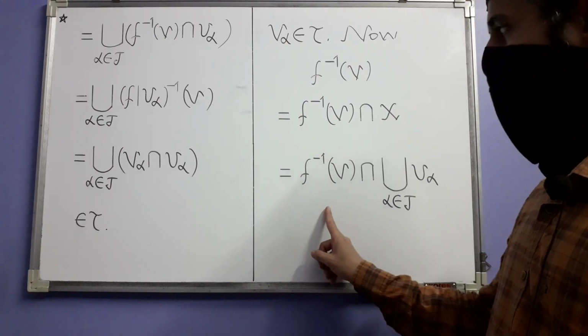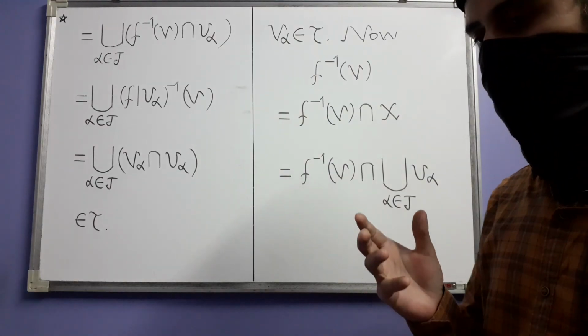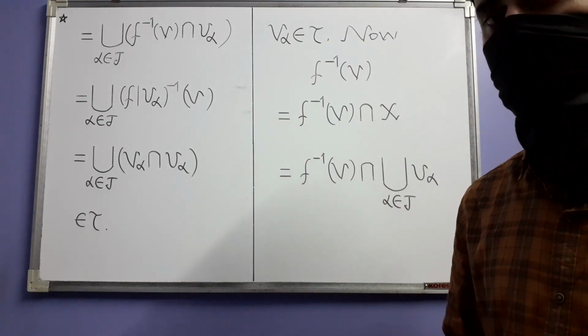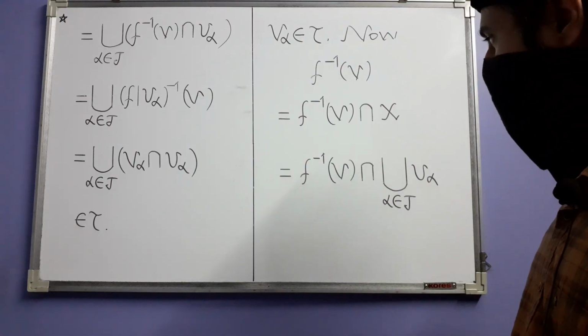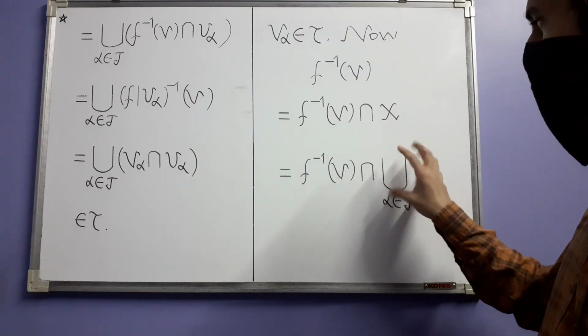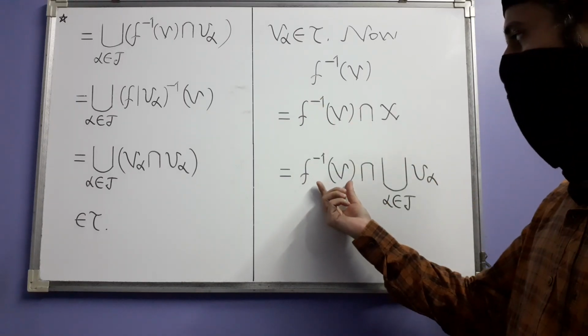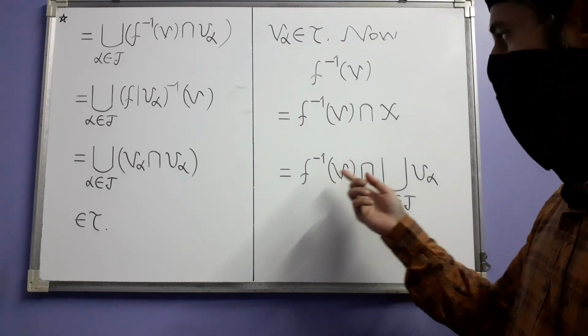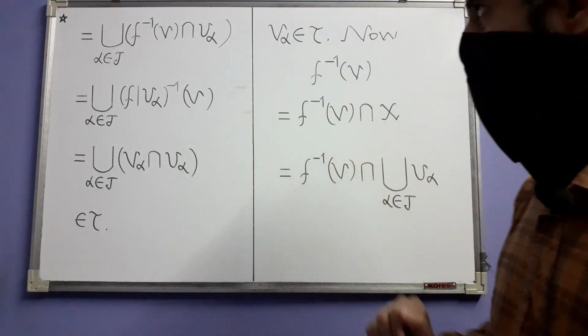And then from this one, we can write this one. This is one of the distributive laws, its general version, which involves any number of sets. So what happened here is that intersection distributed itself over this union. It went inside, and we are able to take the intersection of f inverse of V with each U alpha and then take their union.